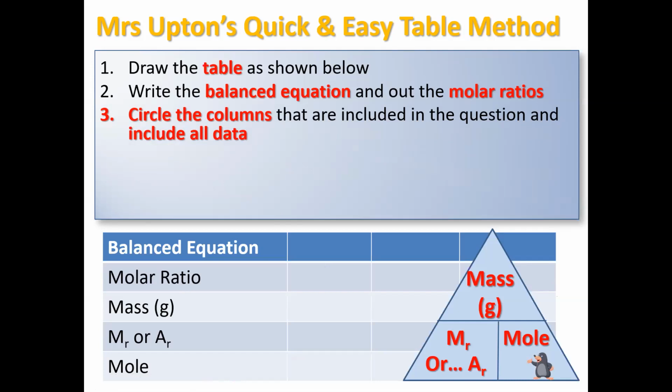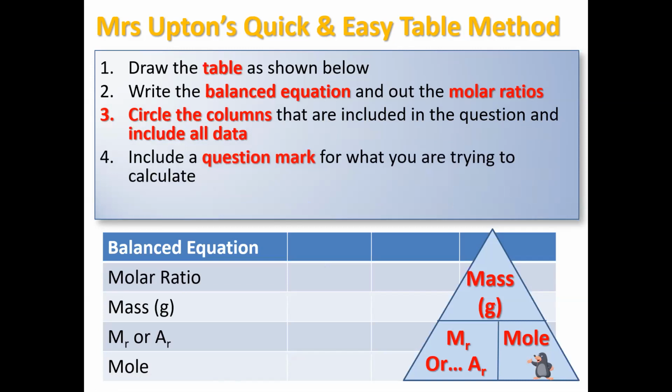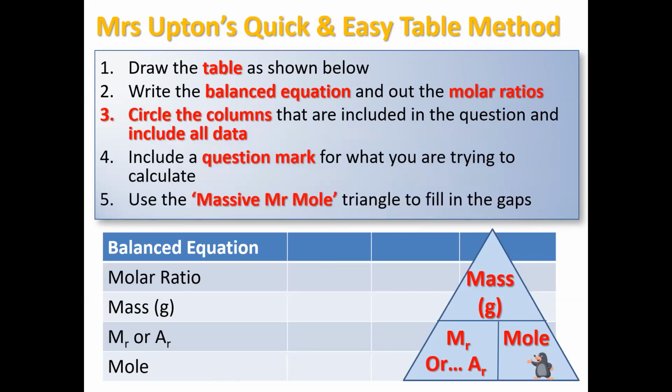When we go through the worked example on the next slide, this should be a lot easier for you to understand. But these are the rules that you should follow. And then you include a question mark for what you're trying to calculate, so you don't lose sight of what you're actually trying to calculate. And then again, you use a mass, Mr, mole triangle to fill in the gaps. So these are the 5 stages for attempting these questions.